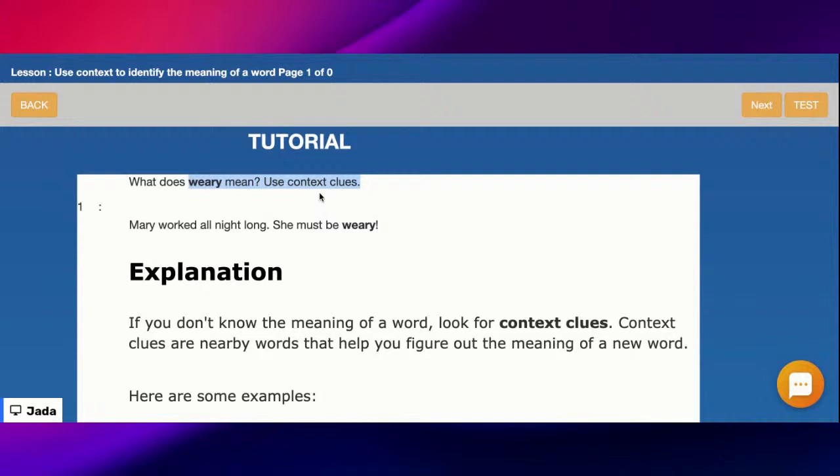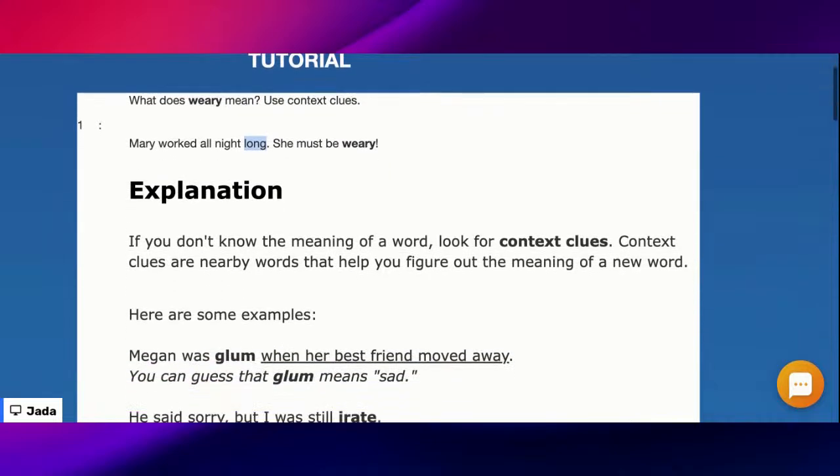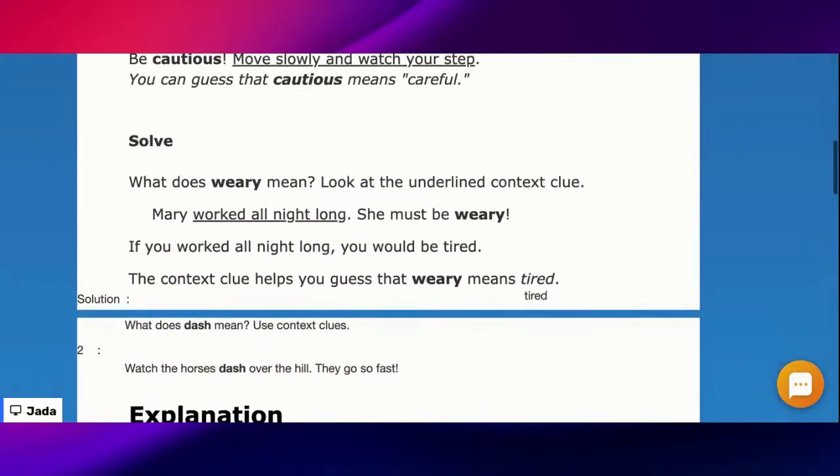Use context clues. Mary worked all night. She must be weary. Now you have to look at the clues around. What is the clue telling you? Mary worked all night. She must be weary. So what would weary mean in this sentence? It's your first time seeing it, you don't know. So we'll go down and see that.